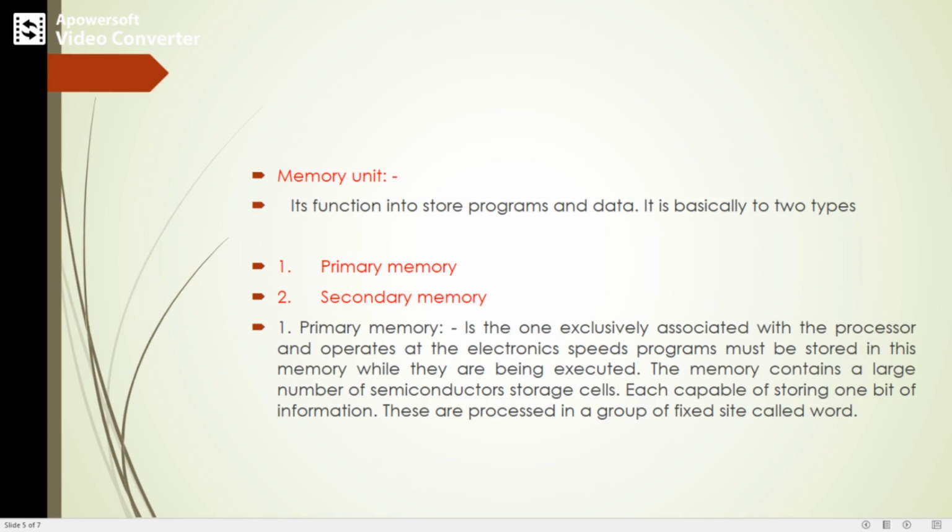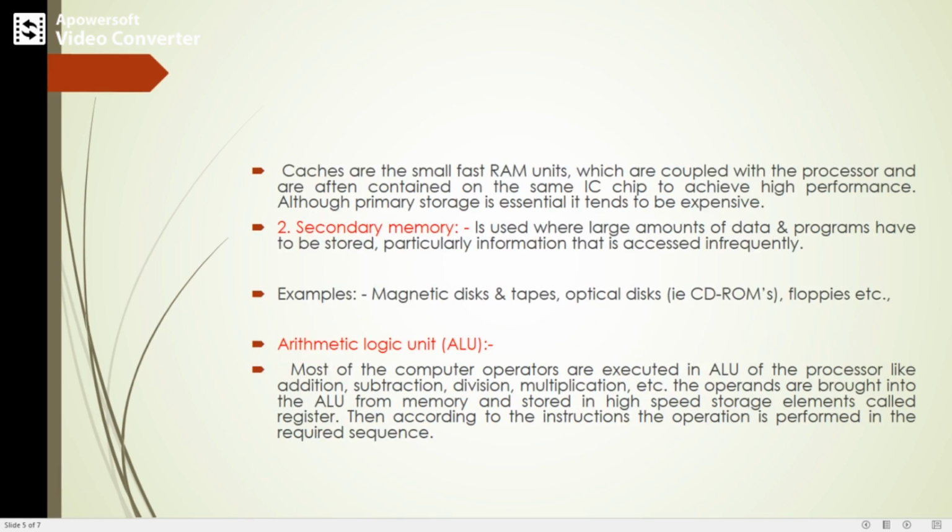The memory contains a large number of semiconductor storage cells, each capable of storing one bit of information at a time. The stored information may be either 0 or 1. These are processed in groups of fixed size called words. Cache is a small, fast RAM unit which is coupled with the processor and is often contained on the same IC chip.